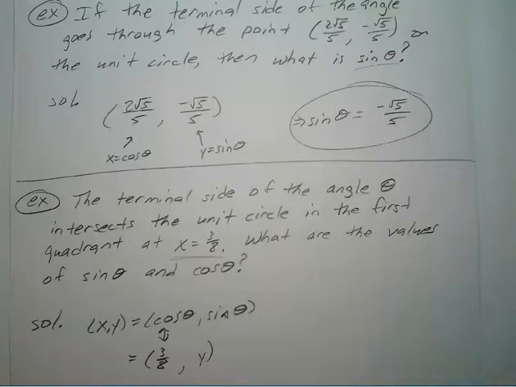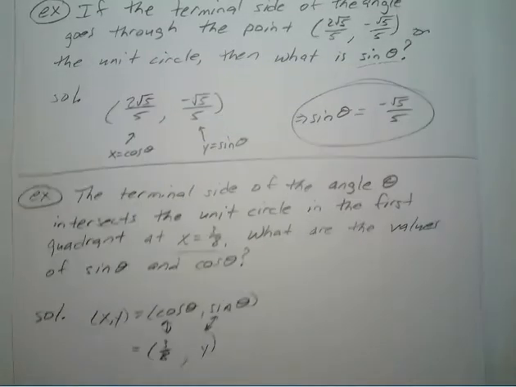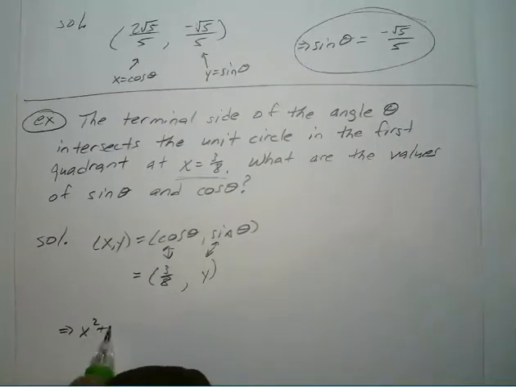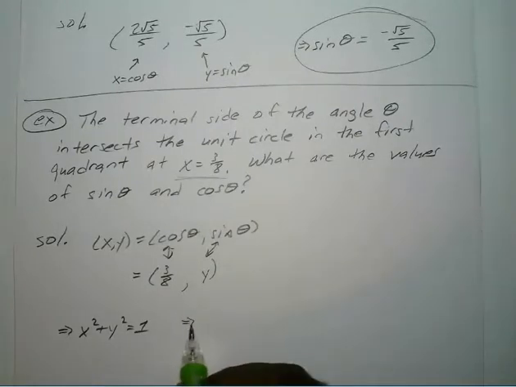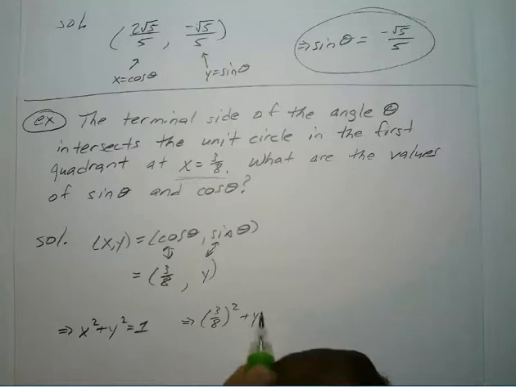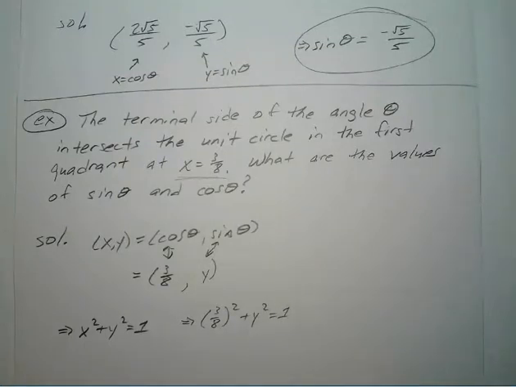Now, since we know it's on a unit circle, we just use the same formula that we did before. X squared plus y squared equals 1. Which just becomes, x squared is 3 over 8 squared, plus y squared equals 1.